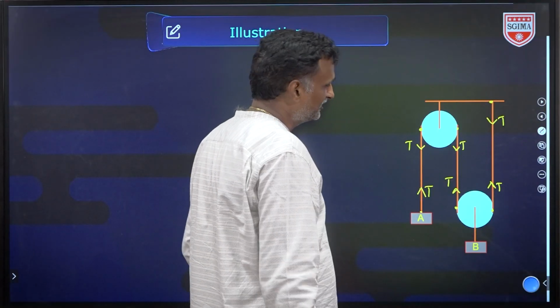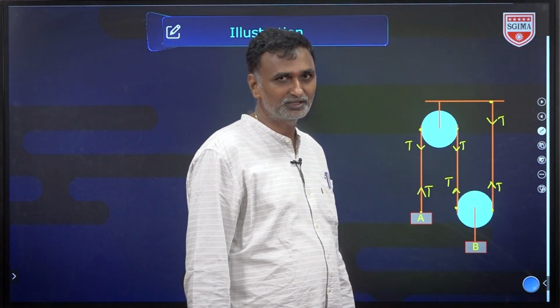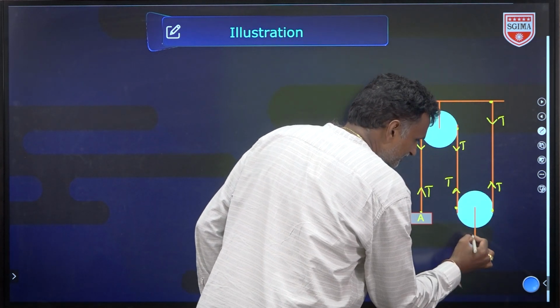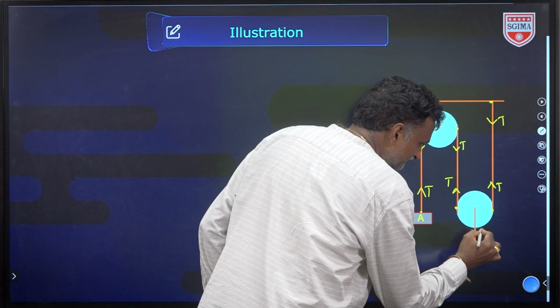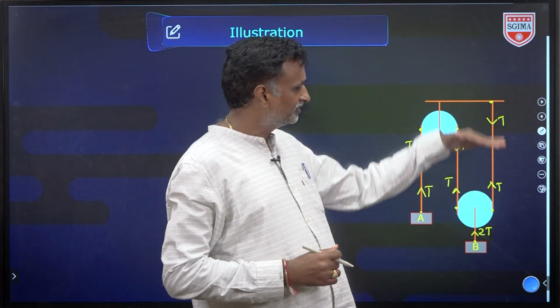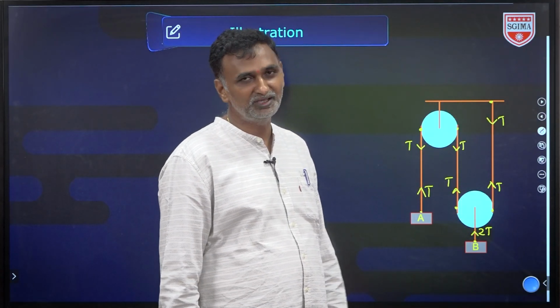Here it is fixed, rigid only, no need to write any value here. So, this T and this T should be balanced with 2T downward, 2T upward. Because of this, it adds up, 2T only acts.